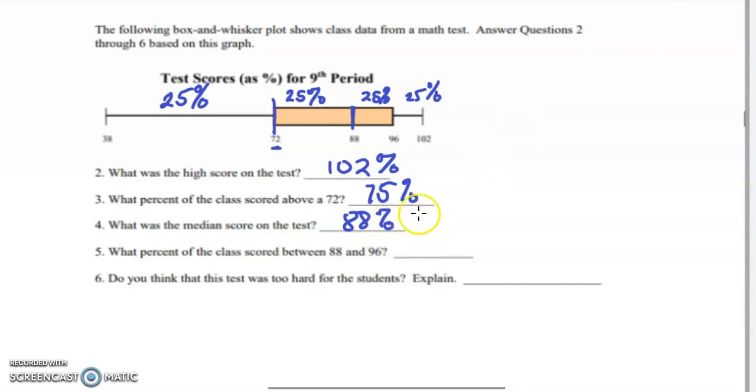Okay, so if 88 is our median, 96, I thought they were saying 102, is our third quartile, our upper quartile. Well, what percent of the class? This box just represents 25%. If what they're asking for are the limits of that box, well, okay, 25%.